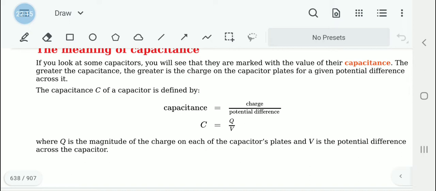Leave a line, put a star and write down. Any object can be charged by providing it with a voltage. This quality is described as capacitance.